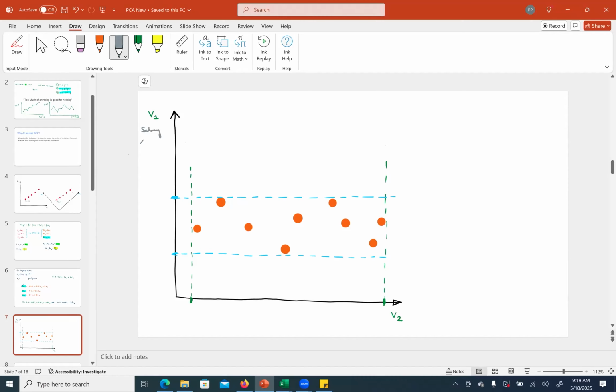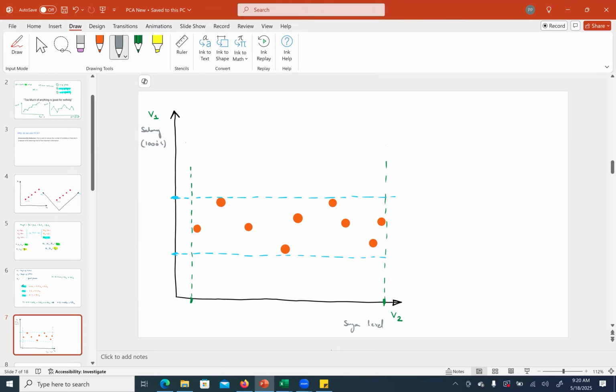This is salary in thousands. Right? And let's say this is sugar level. We are trying to check if there is a relationship between the sugar level of a person and the salary of a person. Now when we have variables like this, variable 1 and variable 2, both variables are important. Why? Because variable 1 has a range, variable 2 also has a range. So I cannot simply discard any one of the variables.